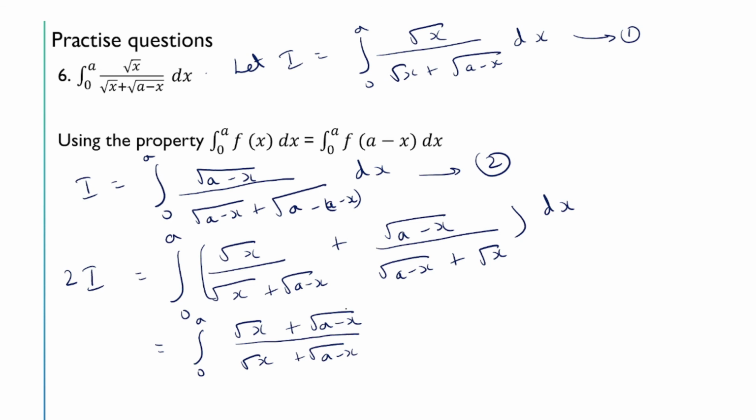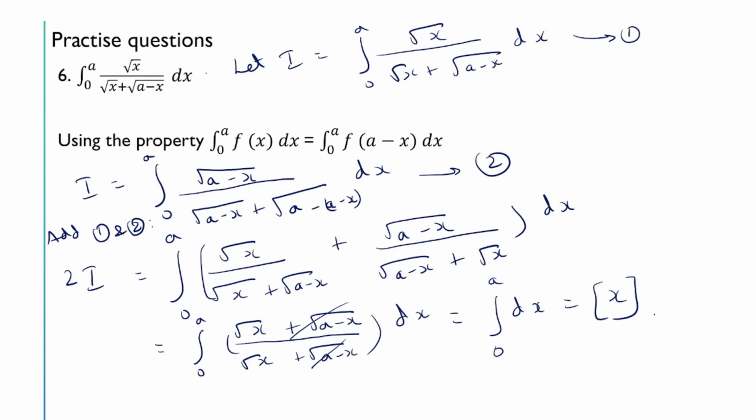Adding 1 and 2, into dx, these two will cancel out. So this is equal to integral 0 to a dx, or it is equal to x with the limit 0 to a.